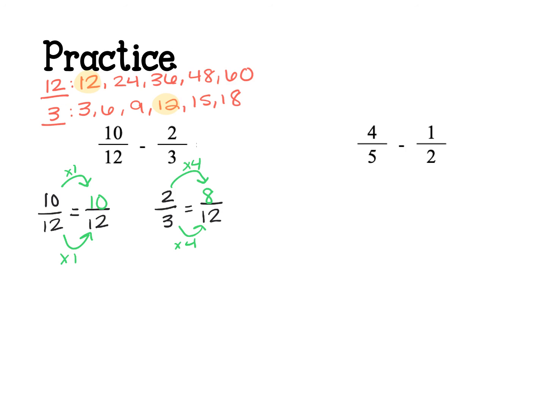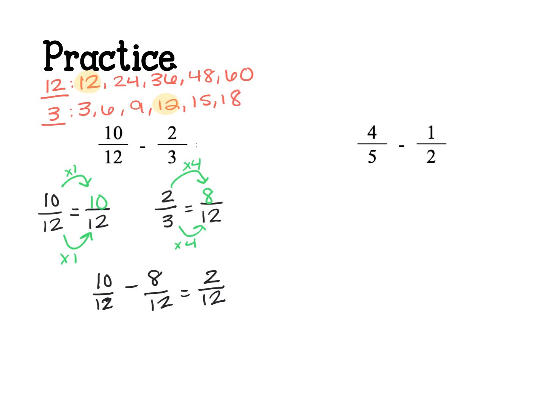So now my problem is 10/12 minus 8/12. So my final answer would be 2/12. Now, if you did the butterfly method or the opposite denominator method, you should have gotten 6 over 36.